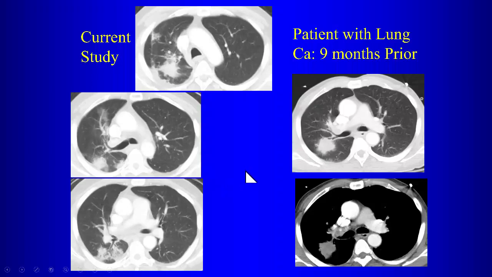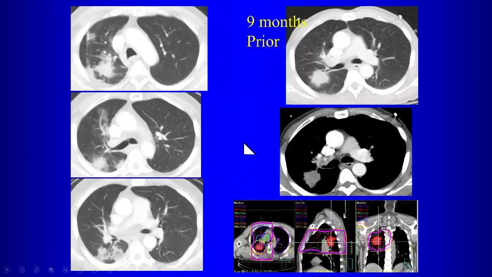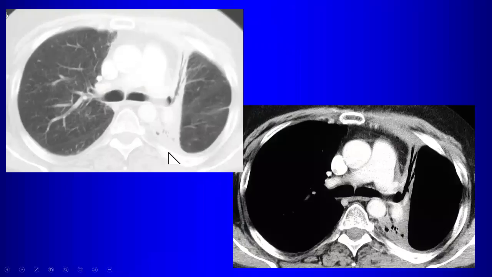So this is something else to consider in patients with a history of lung cancer. And if the radiation therapy is done here, we can get access to the radiation therapy ports, the portals that are actually used. You can match them up nicely with the abnormalities that we see on the CT so that we can say that the changes we see on the CT scan represent post-radiation changes in this particular patient.